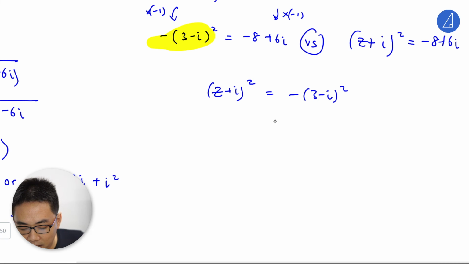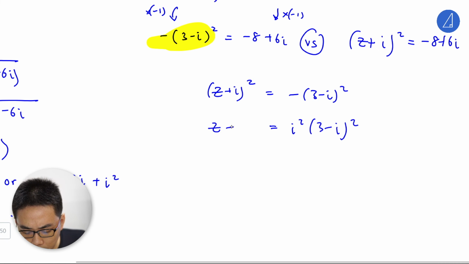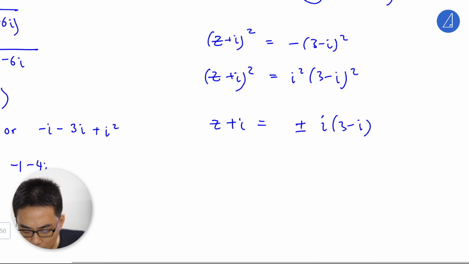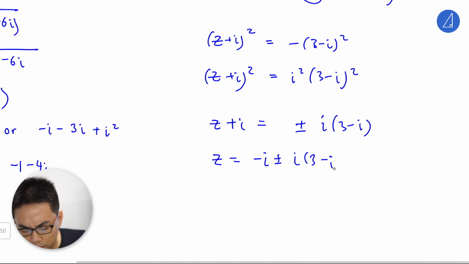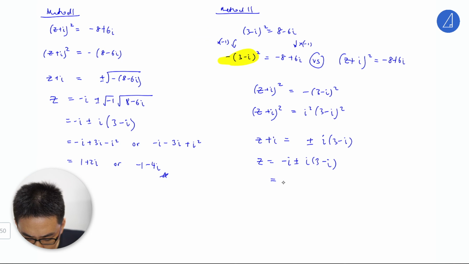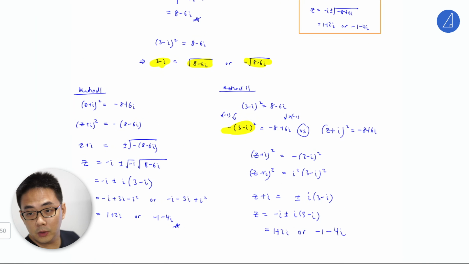Then the negative is i squared. Which one do you prefer? Method 1 or method 2.